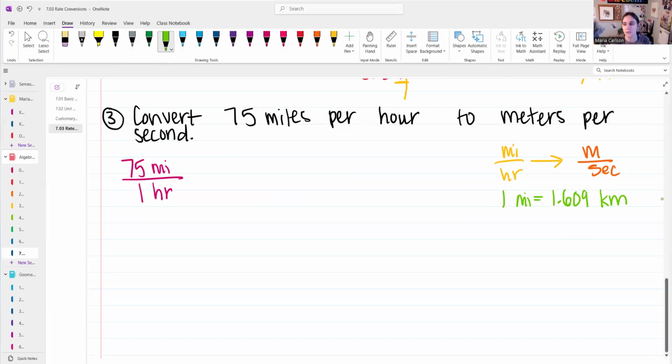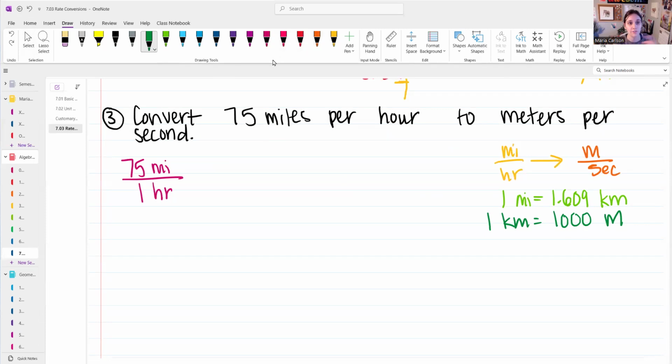And now if I think about 1 kilometer, 1 kilometer is 1,000 meters. Using just the metric system, we know that 1 kilometer is 1,000 of the base, in this case meters. Now I have everything I need to convert miles to meters. I'm going to convert miles to kilometers and kilometers to meters.